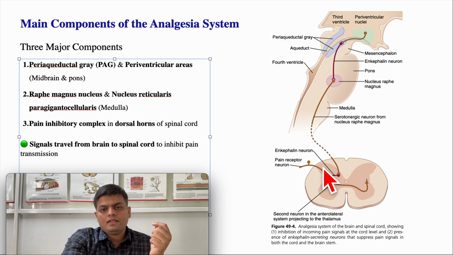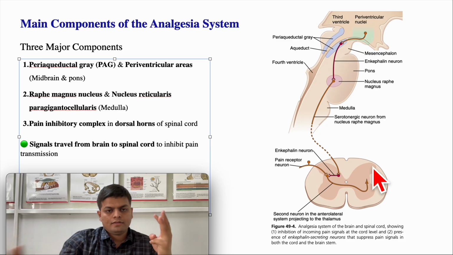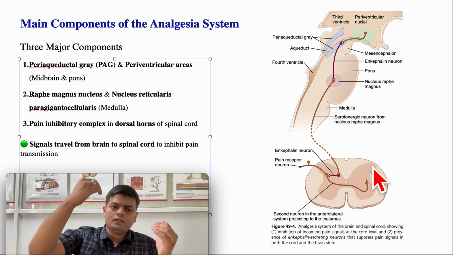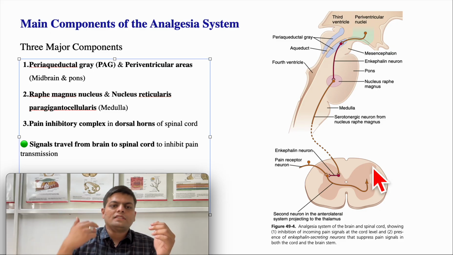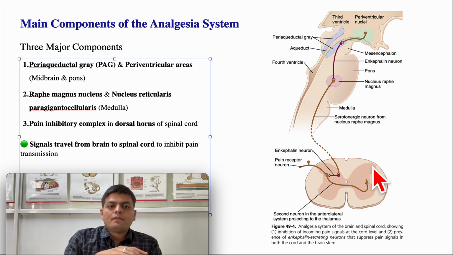As you can see over here, this is dorsal horn. Okay, so signals from all these three components of analgesia system travel all the way from the brain to the spinal cord, specifically to analgesia system, to inhibit the pain transmission at the level of a spinal cord.